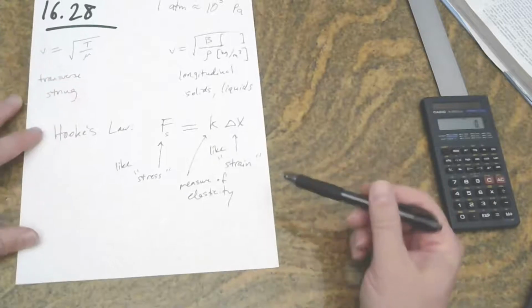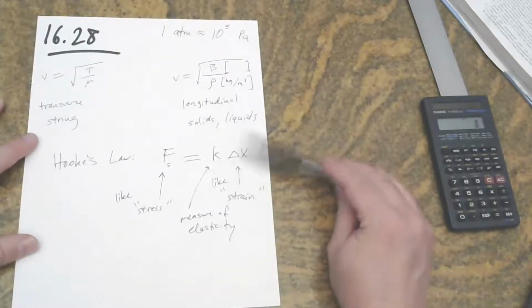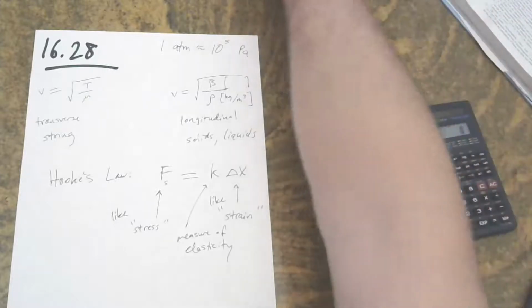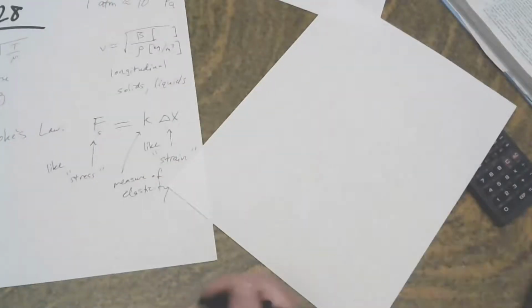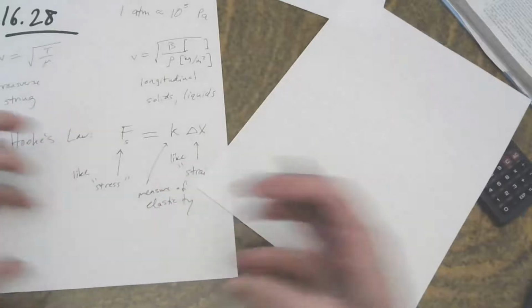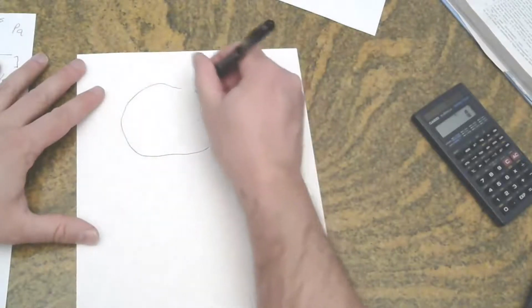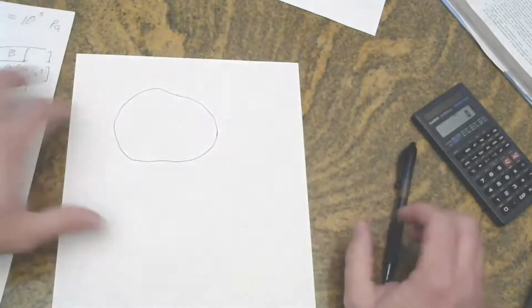Okay, because we can make a direct analogy between this statement and another statement. Suppose that instead of trying to stretch an ideal spring, we were trying to, let's say, compress a volume of fluid. So here's a bubble of fluid.